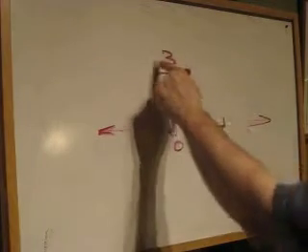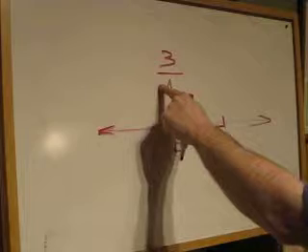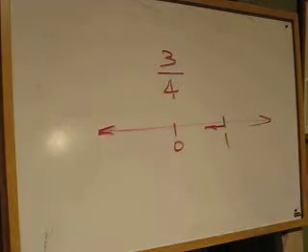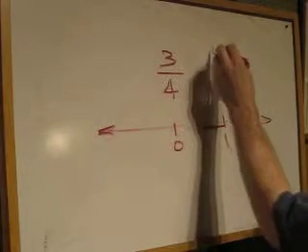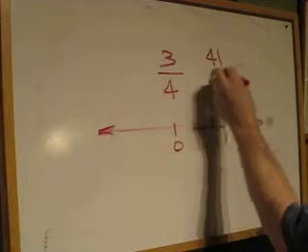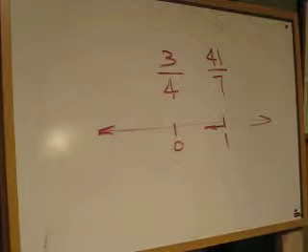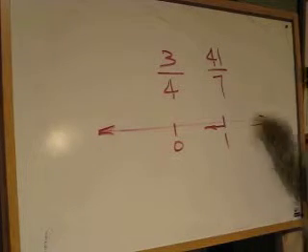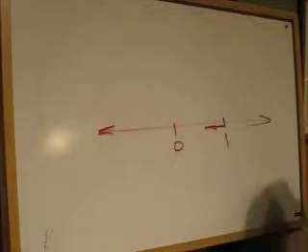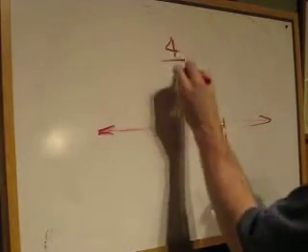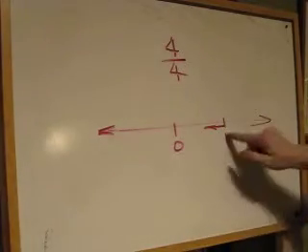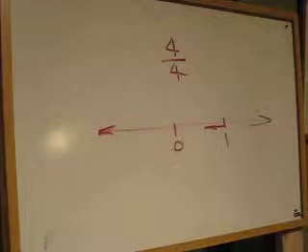If the number on the top is larger than the number on the bottom, then that number is always greater than 1. If the number on the top and the number on the bottom are the same, it equals 1. It does not matter what number it is. If the number on the top and the bottom are the same, it equals 1.